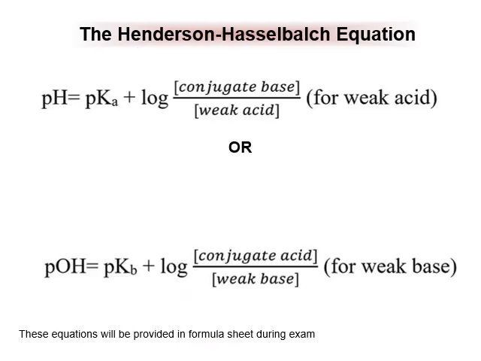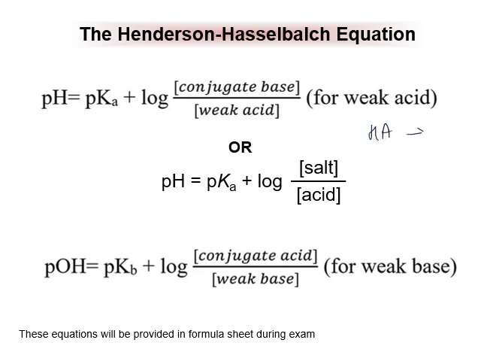Remember this: pH is equal to pKa plus log of conjugate base over acid for a weak acid, or it's also written as salt over acid. Conjugate base A minus, right? If your acid is HA, its conjugate base is A minus. So A minus over HA, which is base over acid, can also be written as salt over acid. This is if it's an acid.